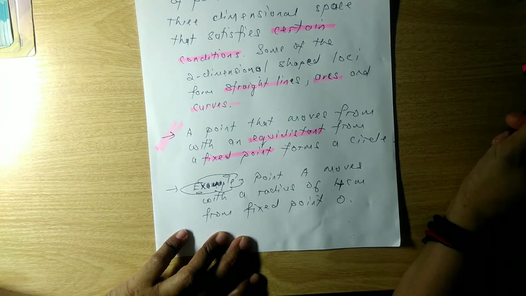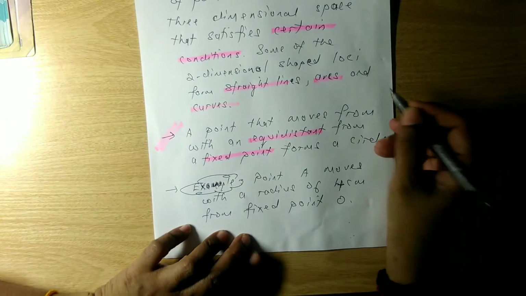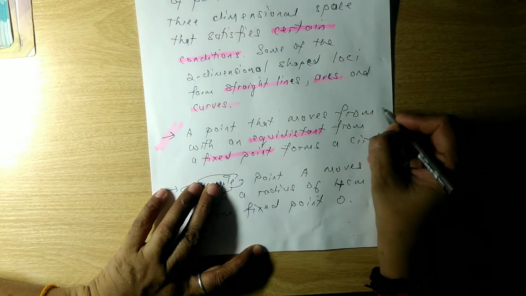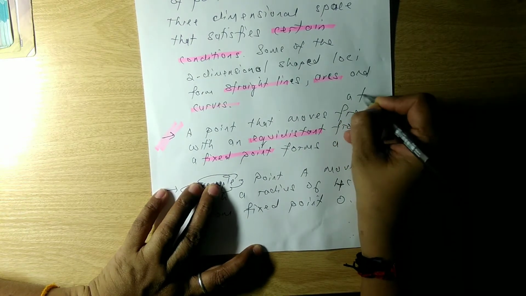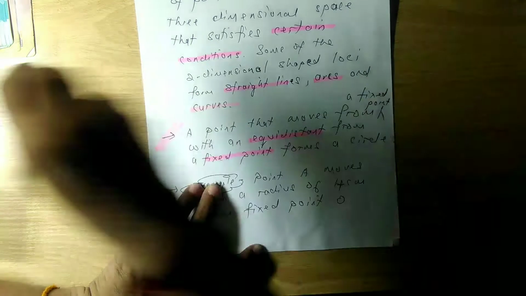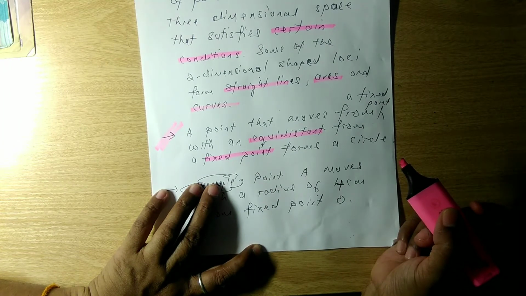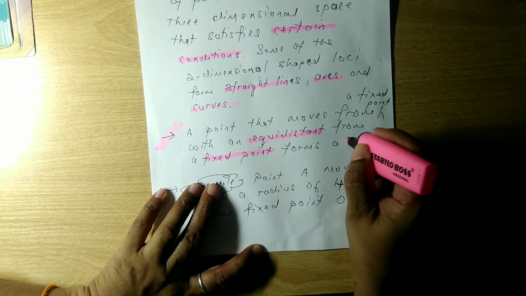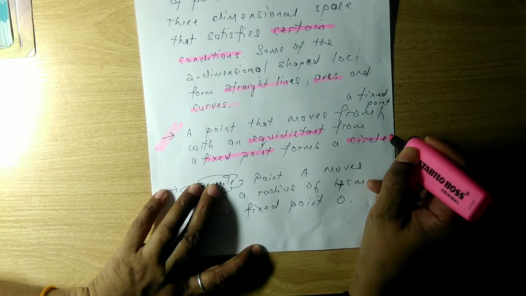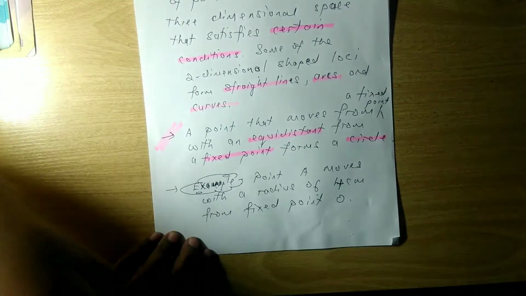So a point that moves from a fixed point with an equidistance forms a circle. All right, so we take one example.